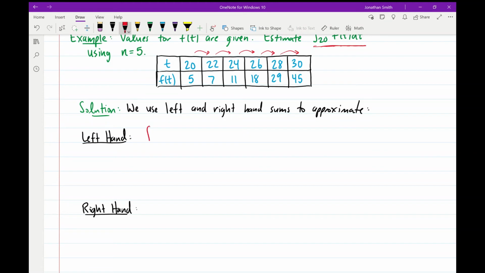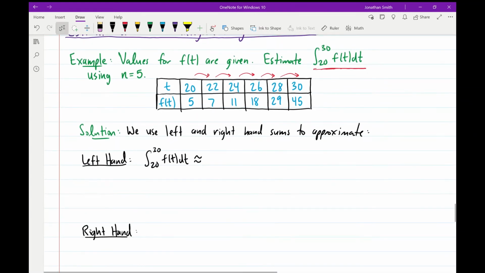All right, so I would say that this integral from 20 to 30 of the function f of t dt is approximately, and now I'm going to set up the left-hand sum.